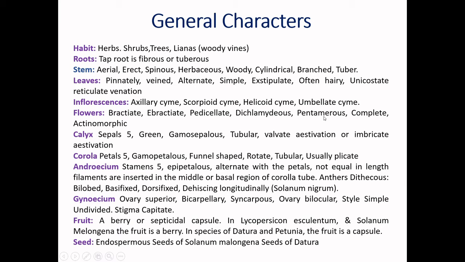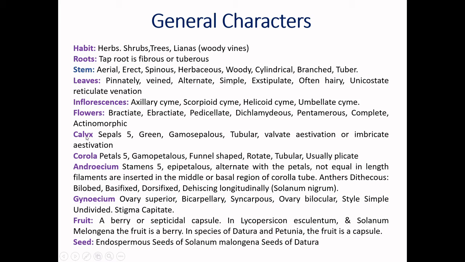Number of individual flower parts, sepals, petals, stamens and carpels are 5 or multiples of 5. Flowers are complete. Complete means all floral whorls, calyx, corolla, androecium, gynoecium are present. Actinomorphic, that means regular. Actinomorphic means if the flower is cut through any angle, it becomes divided into two equal parts. That condition is called actinomorphic. It is also called regular flower.